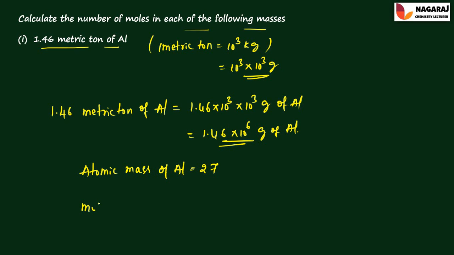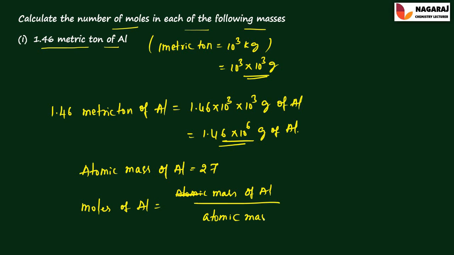So we have to calculate the number of moles. Moles of aluminum is always equal to mass of aluminum divided by atomic mass of aluminum.